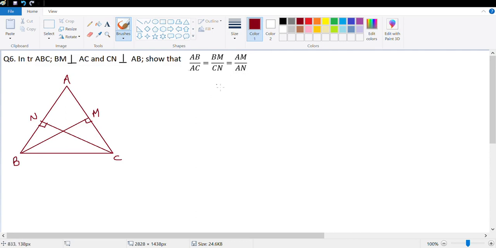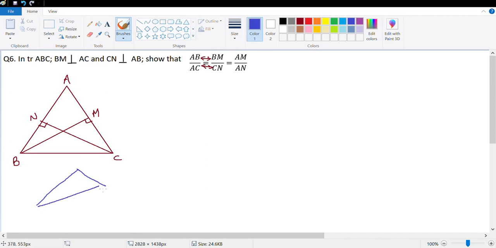So what I'm looking at is proving these triangles ABM and ACN similar. I hope you remember the trick. If the question is given like this, then you need to figure out which two triangles to prove similar. In this question, if I look at AB and BM, that's triangle ABM. So that's the triangle that I'm trying to prove similar. Let me just draw these two triangles separately so that visually it's clear what we are talking about.